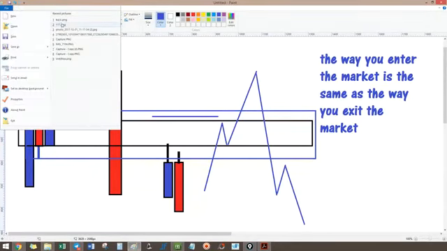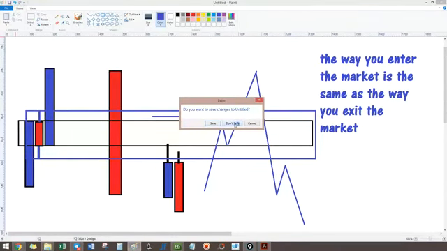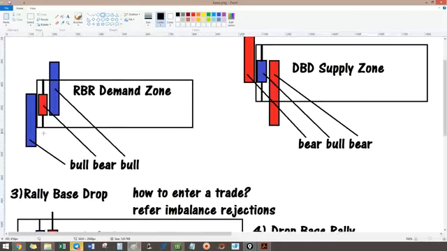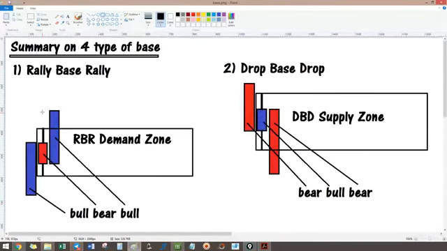Look, the rally base rally, drop base drop, rally base drop consists of 3 candles, but the base is only the candle in the middle.